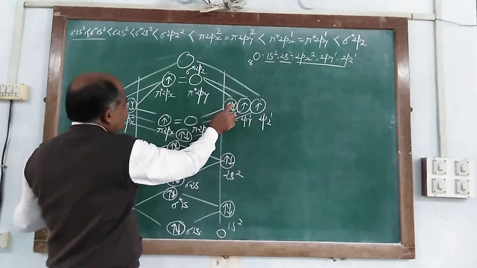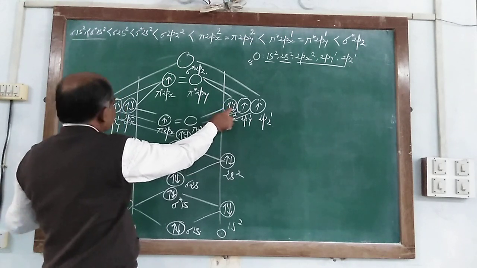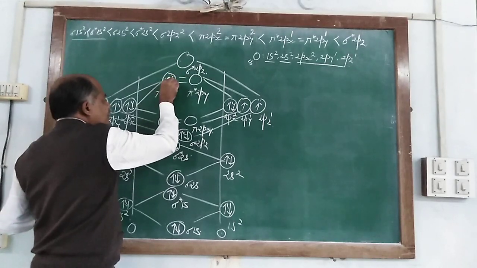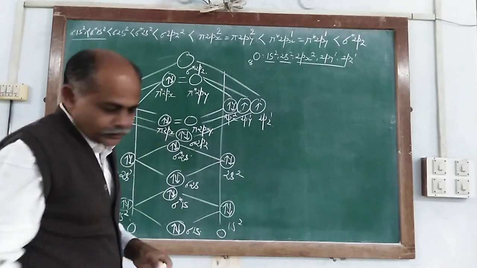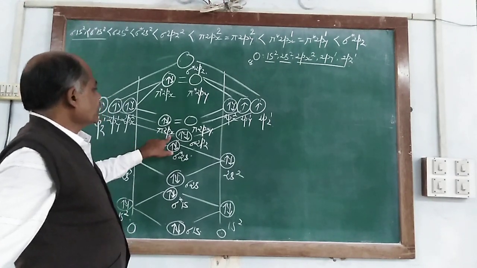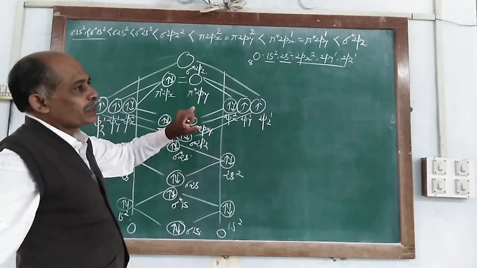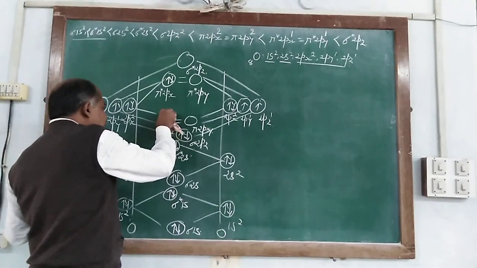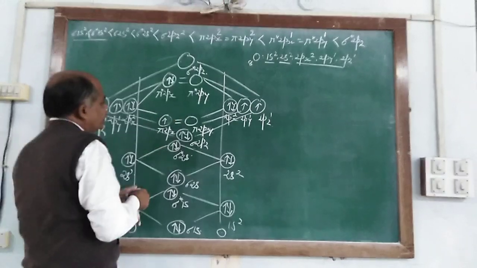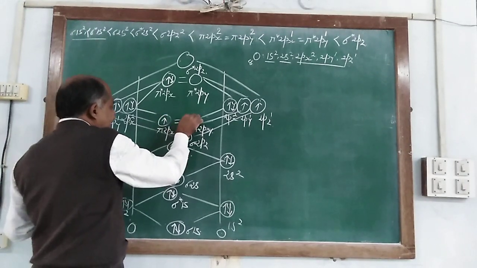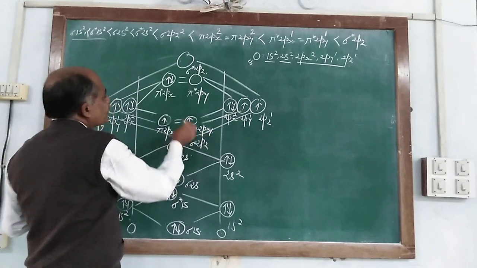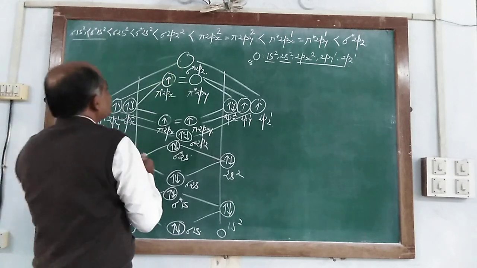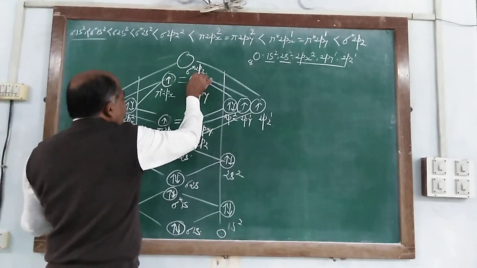But here pi 2px and pi 2py carry similar energy, so an electron from pi 2px immediately migrates into pi 2py, and similarly one electron immediately migrates into pi star 2py.